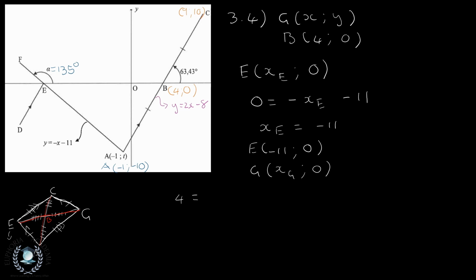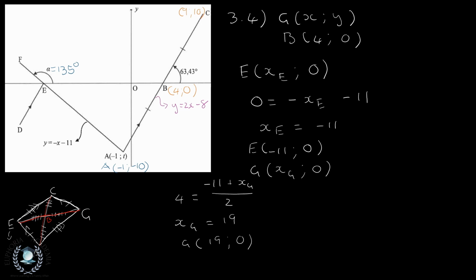That will be equal to, now we already have E, and the x coordinate of E is minus 11, plus the x coordinate of G, divided by 2. When we do some algebra, 2 times 4 is 8, plus 11, that's 19. xG should be equal to 19, and the coordinates of G then will be 19 and 0.